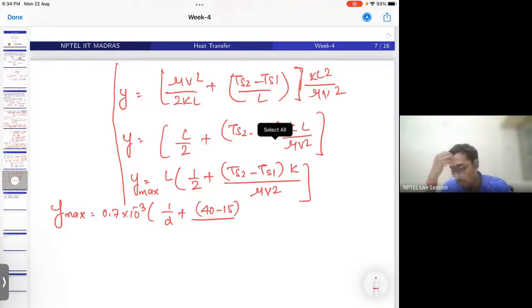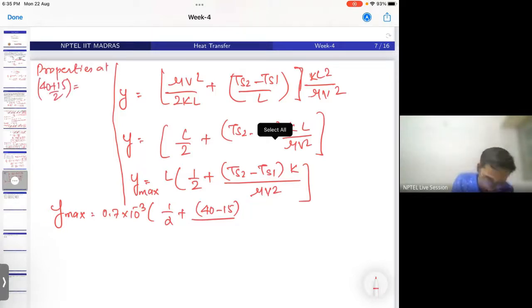Usually, when the two surfaces are at two different temperatures, we take the film temperature or the average temperature: 40 plus 15 by 2, which is 27.5. It will normally be given in the question.